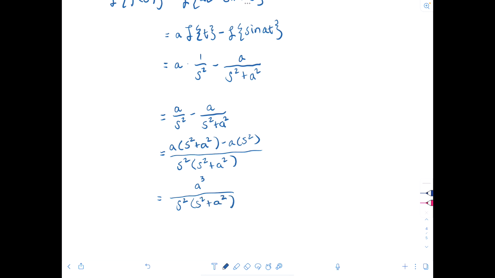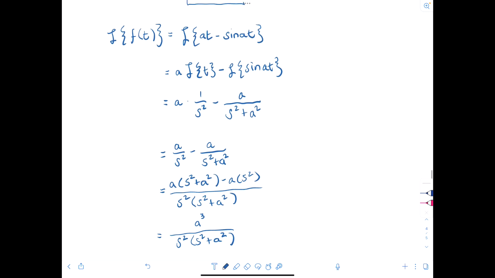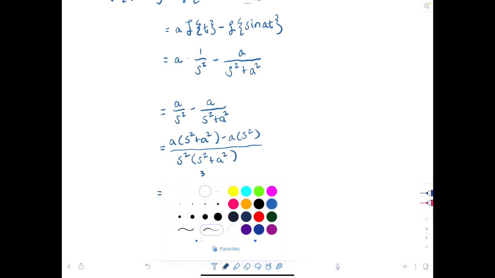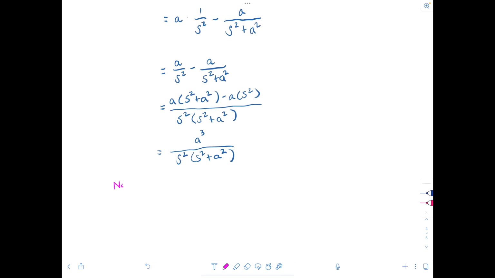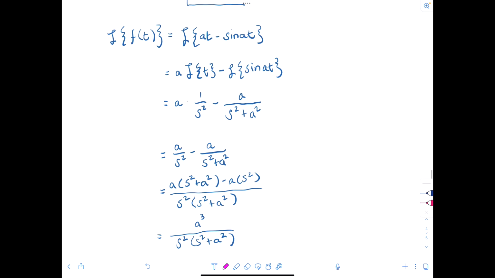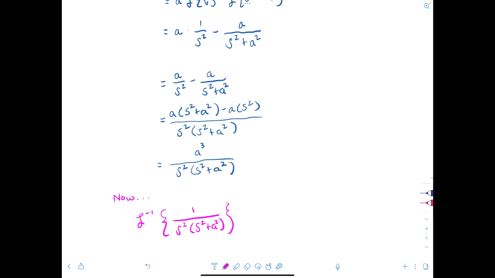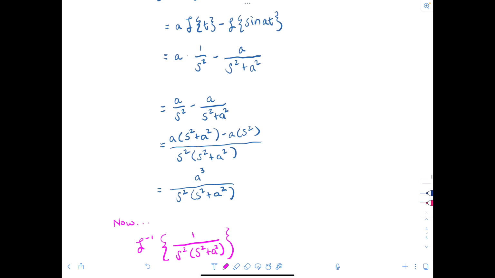Now, notice that's not exactly like what's inside the L inverse, right? So, if we're now taking a look at L inverse of 1 over s squared times s squared plus a squared. Well, we know what we'll get if we inverse this one here, right?